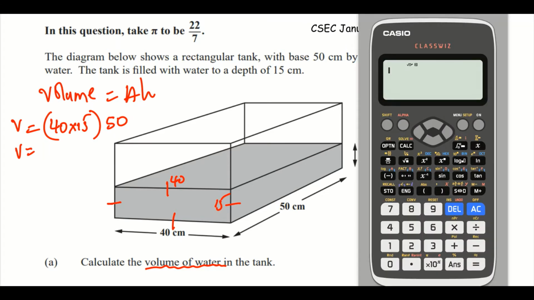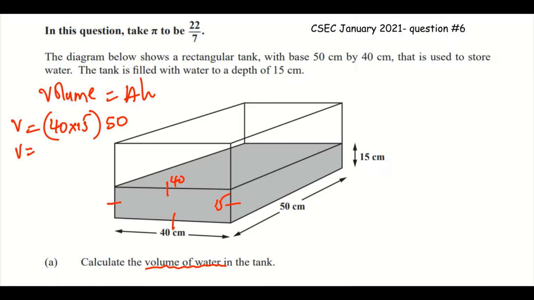So let's go ahead and calculate 40 times 15 times 50. And that gives us 30,000. And what's our unit? Unit is important. So centimeter cube.